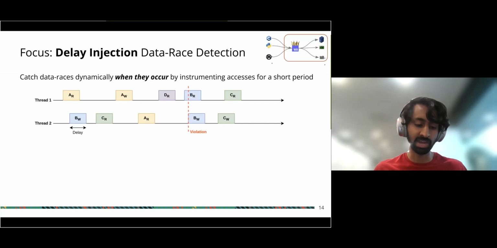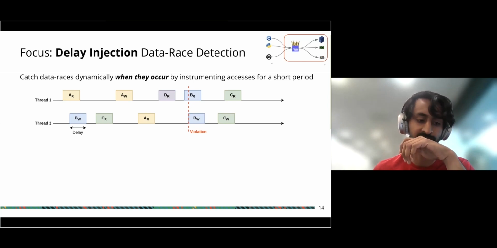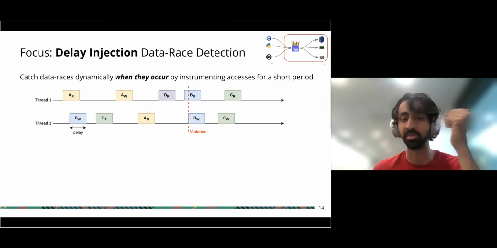The idea being if you have some sort of ordering or exclusive accesses, you can't have a concurrent access to a specific memory address during that short delay period when you probe. And so you can be guaranteed that you don't have false positives here, and everything that is a violation is potentially a data race, although it may be benign.